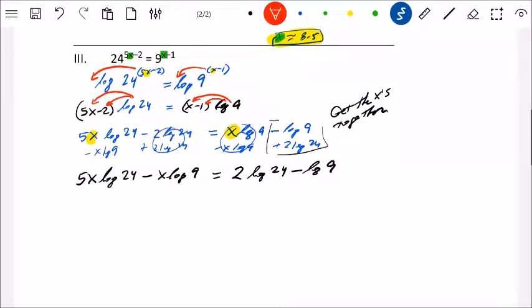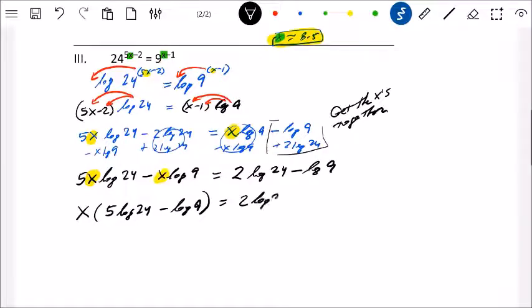And this is where the key thought comes in. These both have x's, which makes them a common factor. That means I can take x out of both of these and have x times 5 log 24 minus log 9 equals 2 log 24 minus log 9.